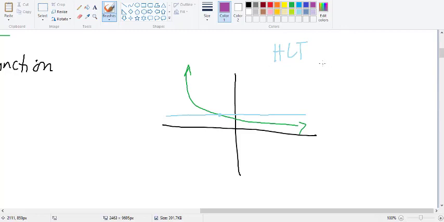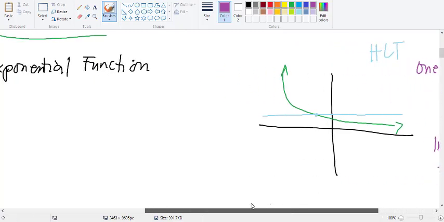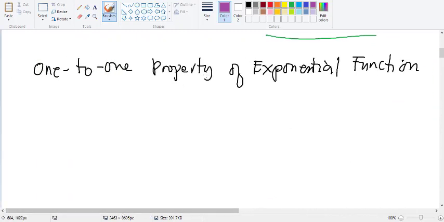Meaning, exponential functions are also one-to-one functions. It also means that it has an inverse function. But don't worry because the inverse function of an exponential function is a logarithmic function. And we will talk about that in the next module, inshallah. So that is the reason why exponential functions have a one-to-one property.